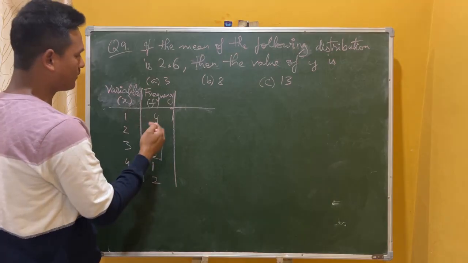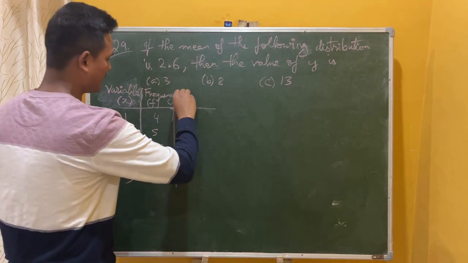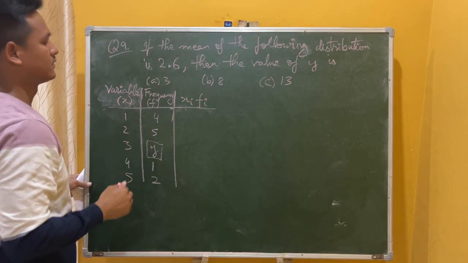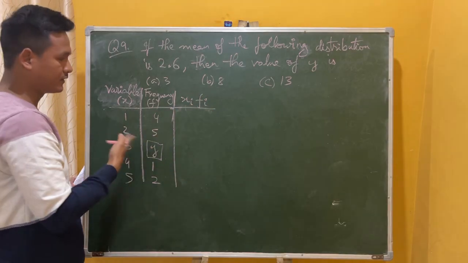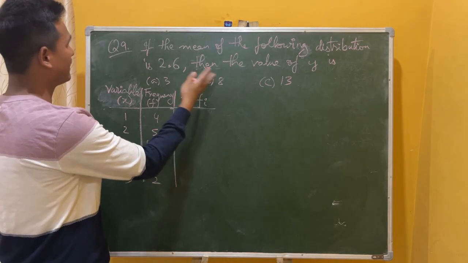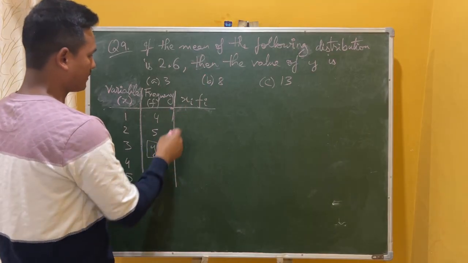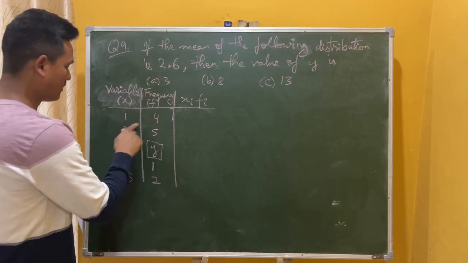So for direct method, we'll have to draw one more table, that is XI, FI. So if the table is not there, you need to draw a table because there are marks for the table also. But while this is an MCQ question, you'll have to do it in the rough. Okay, so let's fill this table.